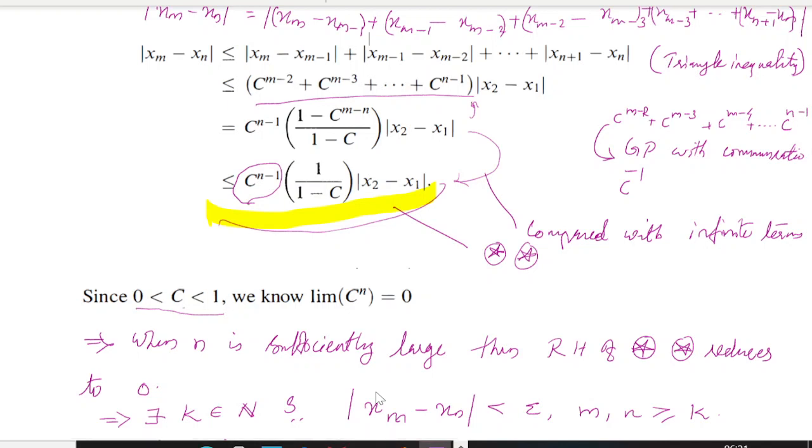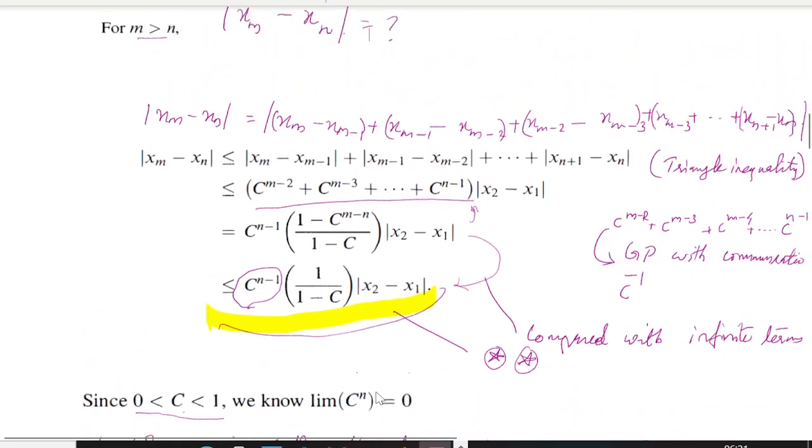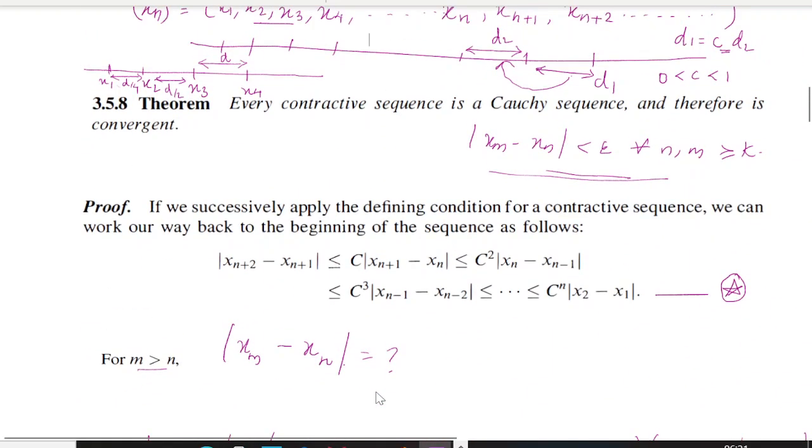See, from here itself we will get xm minus xn. So here the c raised to n minus 1 term is coming, right? When you are finding previous results, this star marked one is what we are making use of.